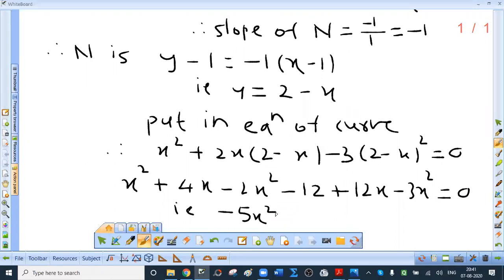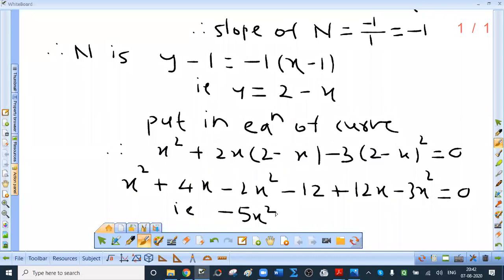No, this is not correct. Okay, let me see. So this is x square plus 4x minus 2x square. Okay.